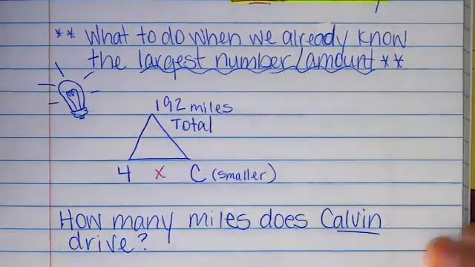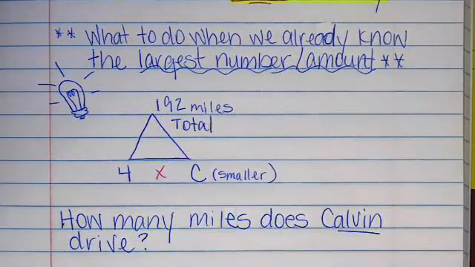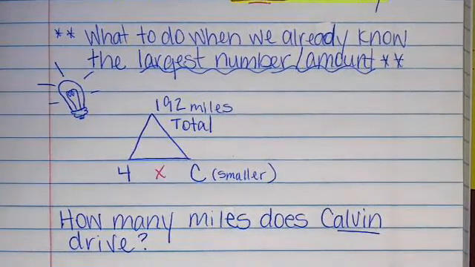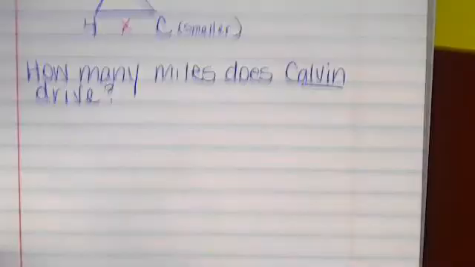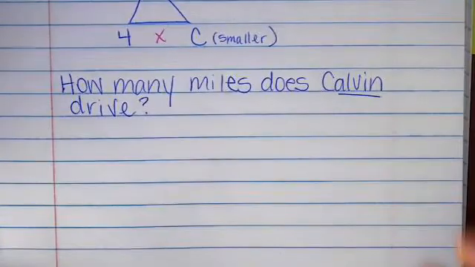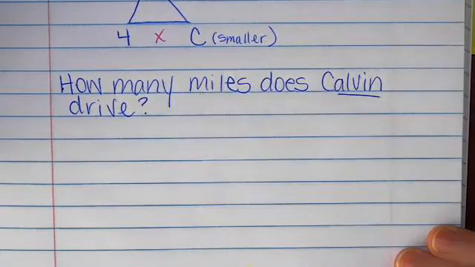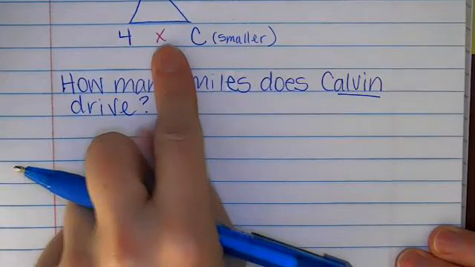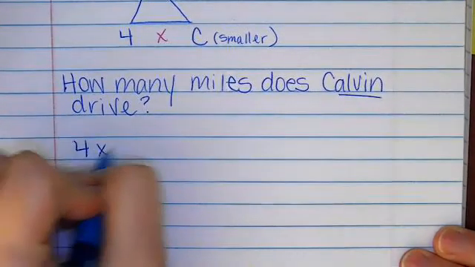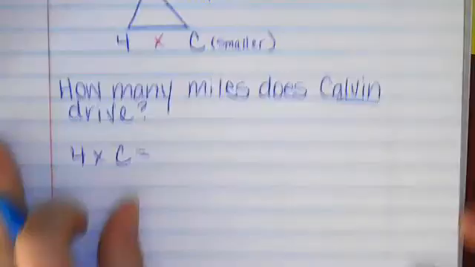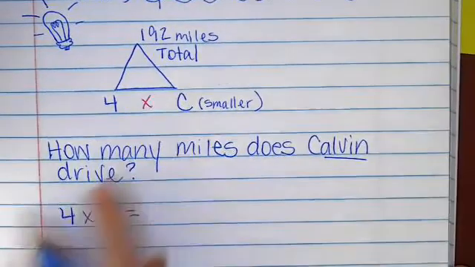I'm going to write down my 4 fact family problems. Since this is multiplication, they will be 2 multiplication and 2 division. Right here, I already see 4 times C, and at the top, it's going to show 192.